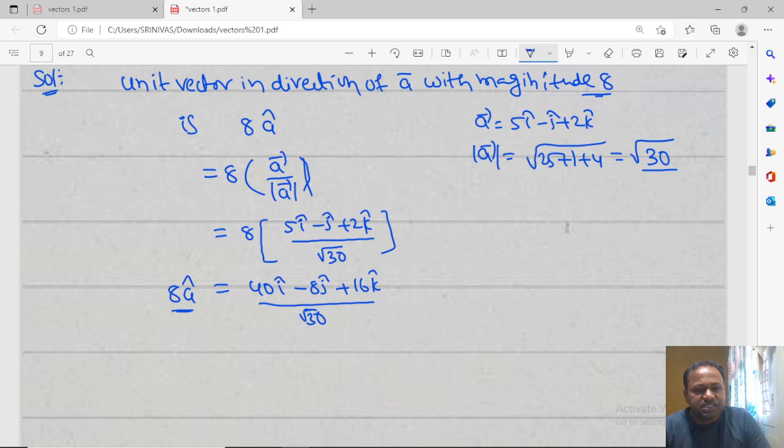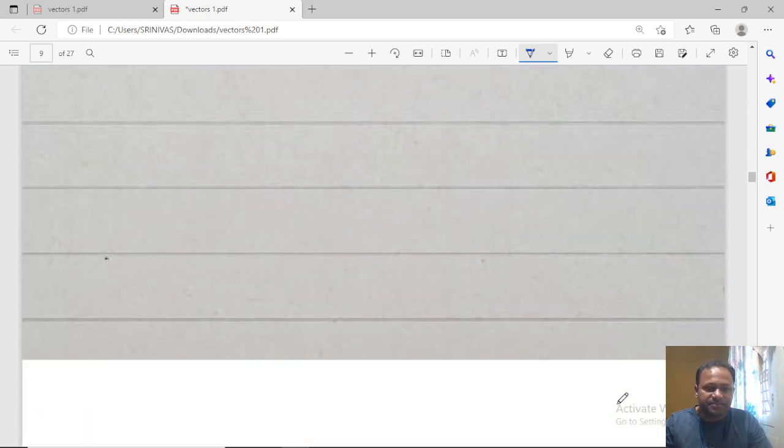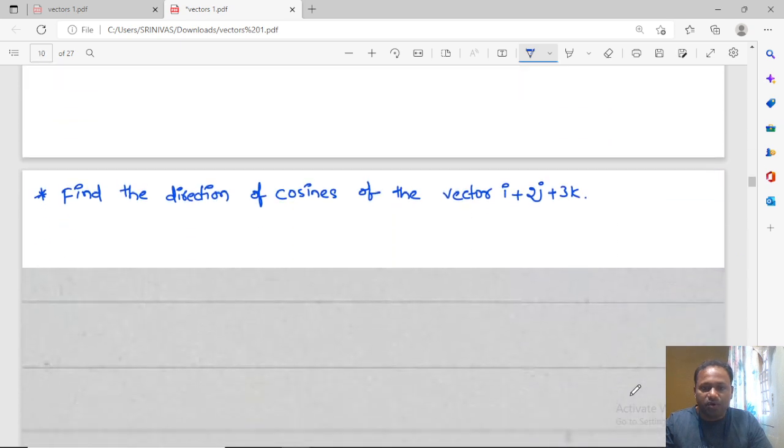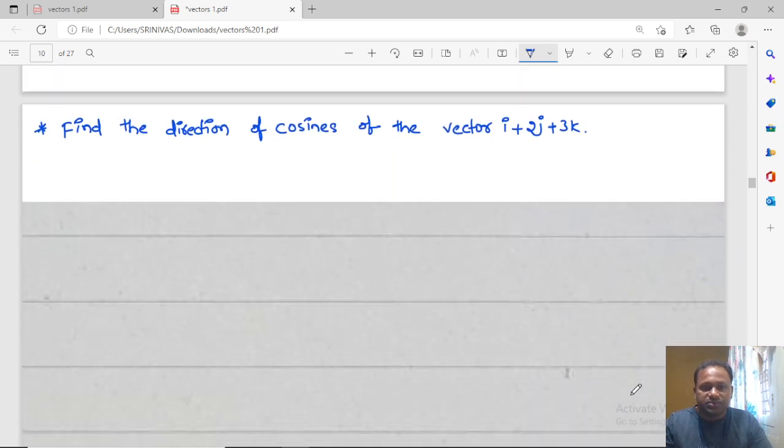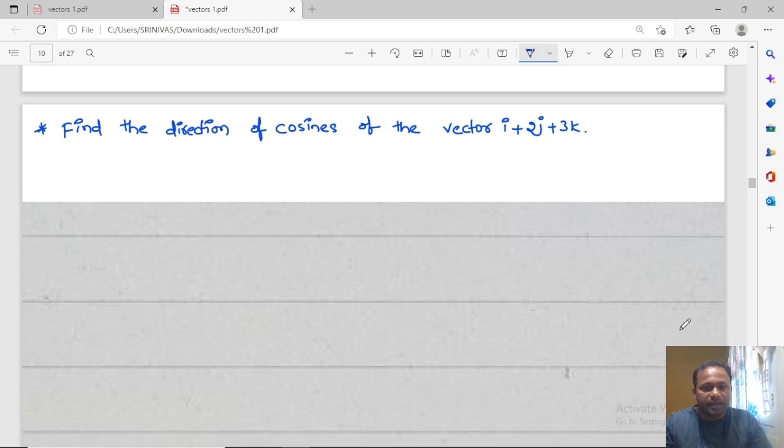This is also the most important question, and in the NCERT example also you have to use the same method. Next, one more problem.